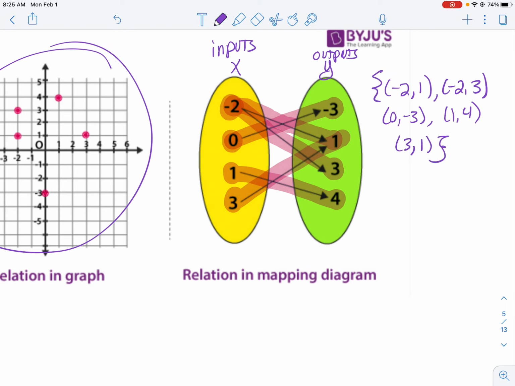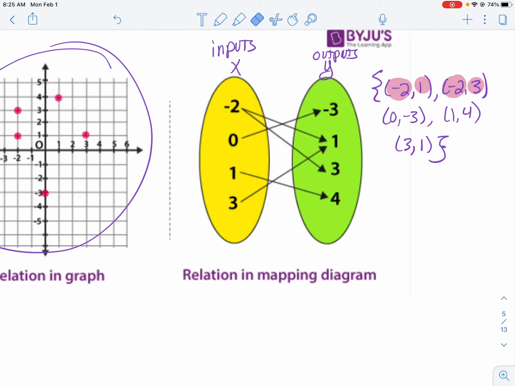I'll put that in a set because this is a set of ordered pairs. Again, we can see now that there are two inputs that are the same that give me two different outputs. You can also see that here if you have an input with two or more lines coming from it.